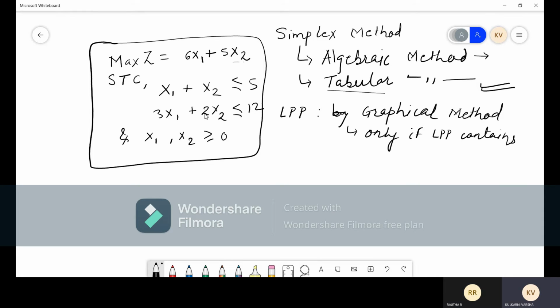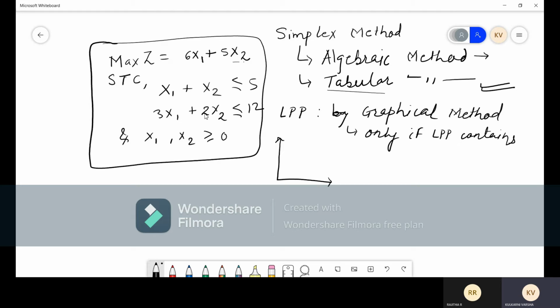In that case we cannot use the graphical method, because in the graphical method we are using a graph, a quadrant where we have only x1 and x2. So it's two-dimensional, and we can use it only for two variables, because we show one axis for one variable and the other axis for the other variable.